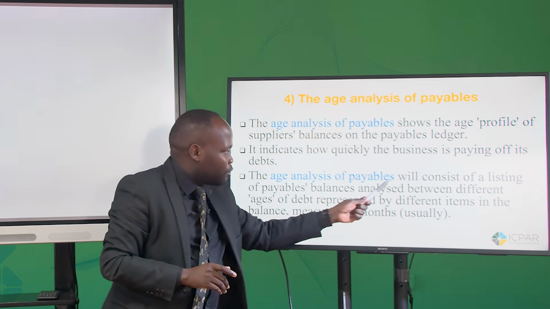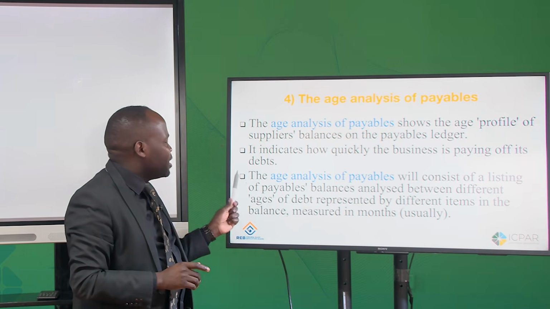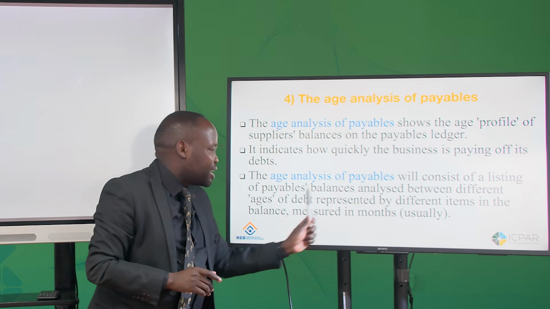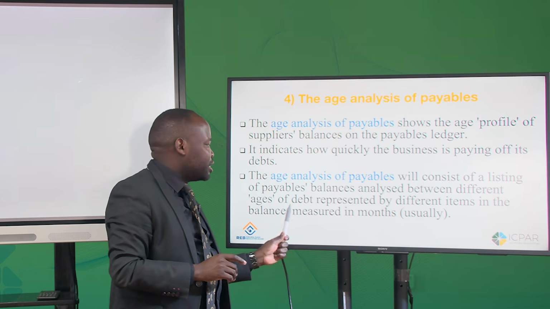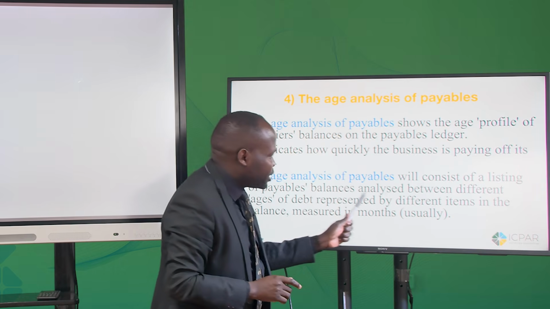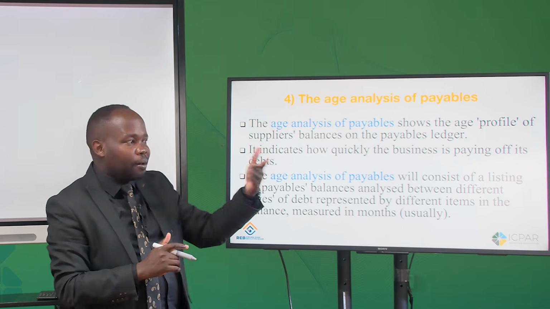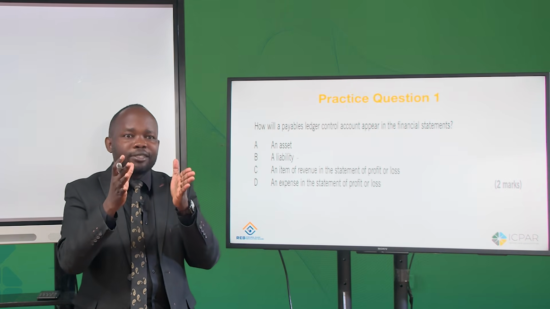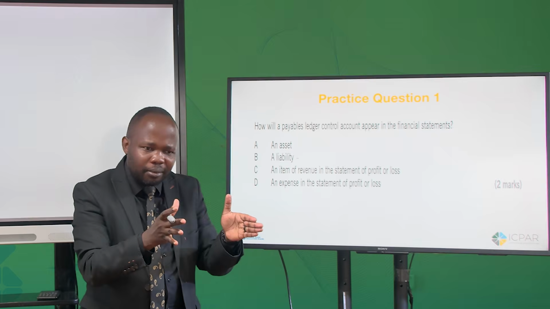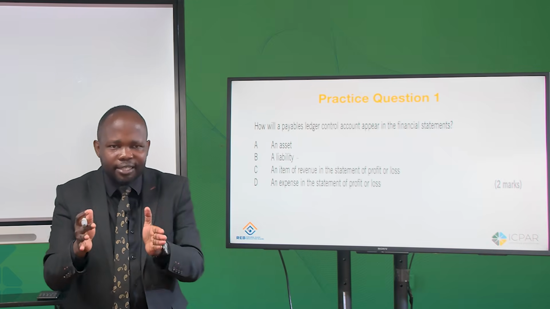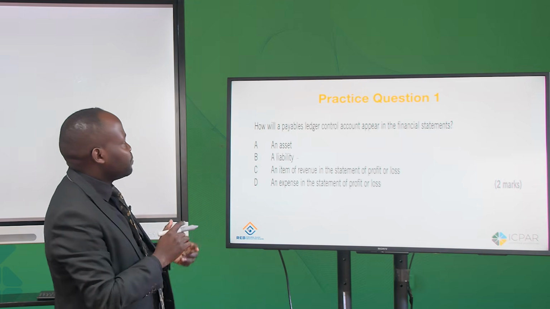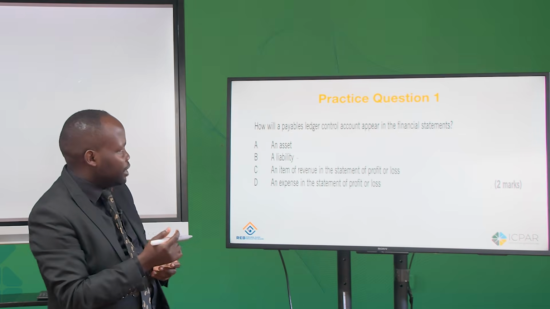The age analysis of payables will consist of a listing of payables balances analyzed between different ages of the debts, measured in months. So maybe there are suppliers due in 30 days, 60 days, 90 days, etc. We now have practice questions on these.